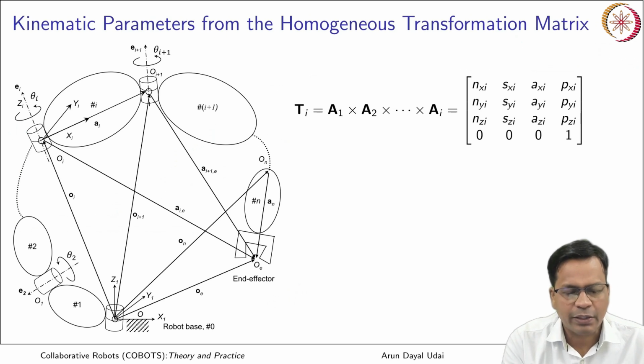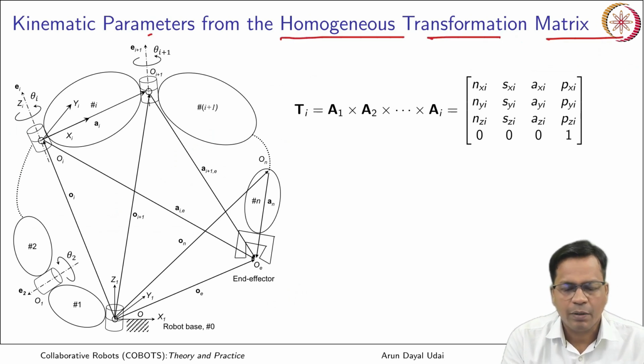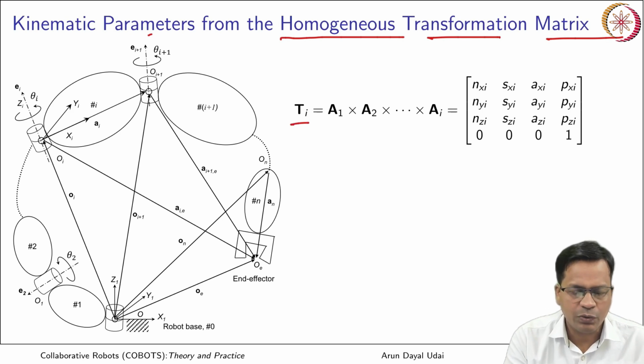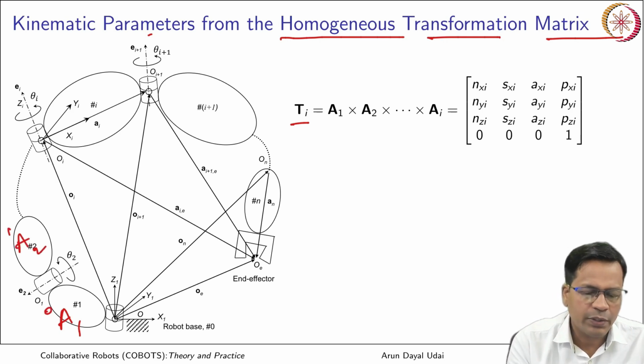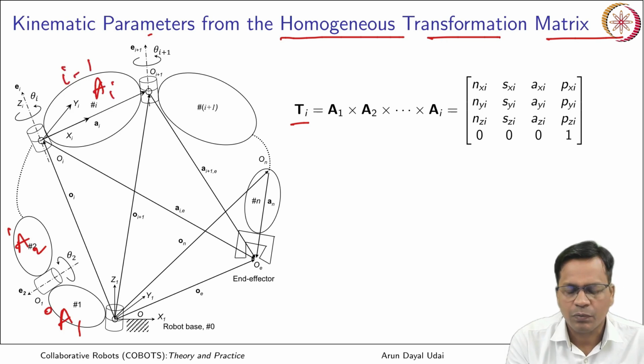So extract the kinematic parameters from the homogeneous transformation matrix. So Ti is equal to A1 and so on. Whenever I write 1, it is with respect to 0, 2 with respect to 1. So if it is with respect to i, it is with respect to i minus 1. Got it?